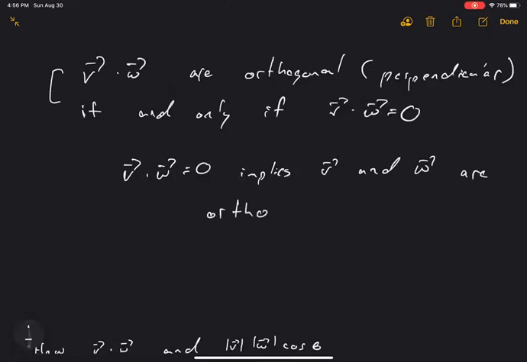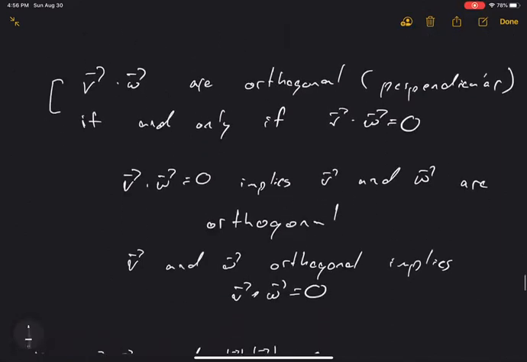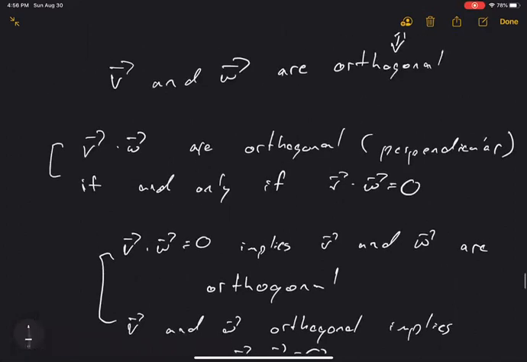On the other hand, we could say v dot w equals 0 implies v and w are orthogonal. And it also implies the opposite.